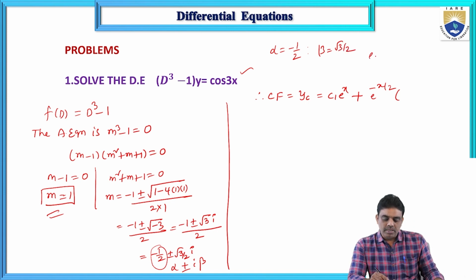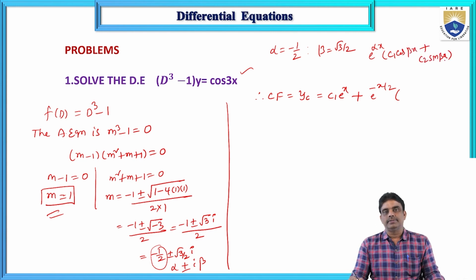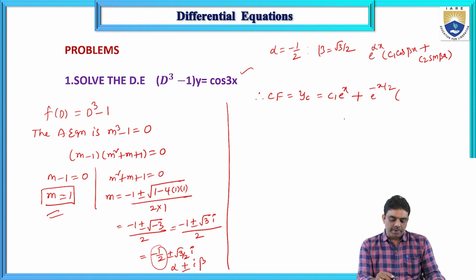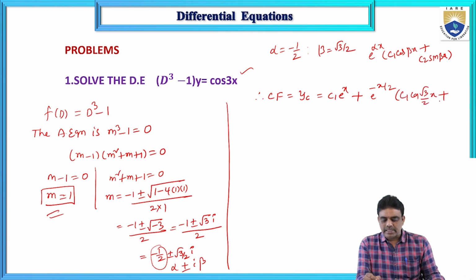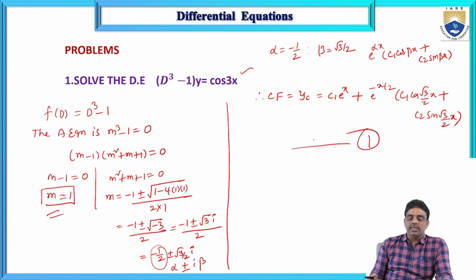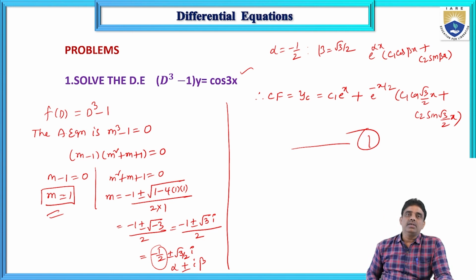So the form will be e power alpha x into c1 cos beta x plus c2 sin beta x. This is the format. So e power alpha x means e power minus x by 2 into c1 cos root 3 by 2 x plus c2 sin root 3 by 2 x. This is the first part of the solution, which is called the complementary function of the given differential equation.